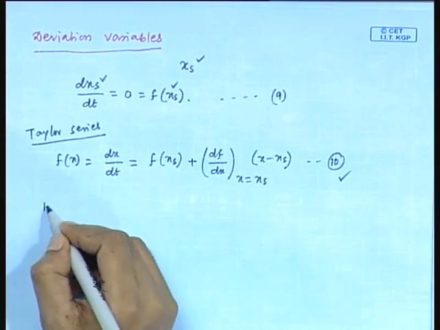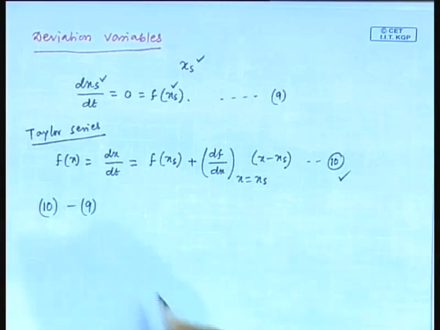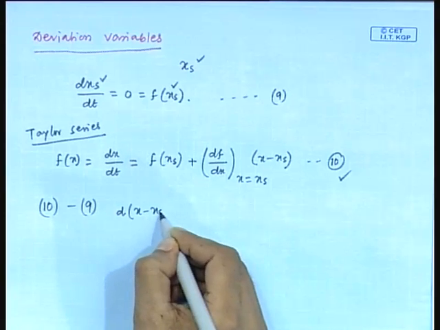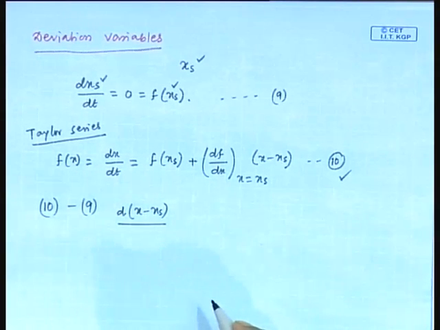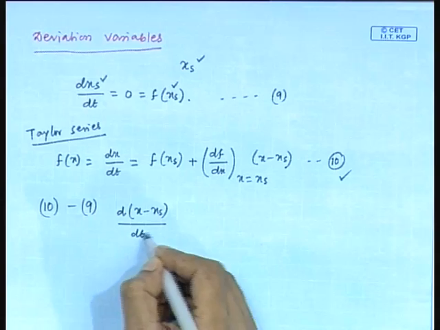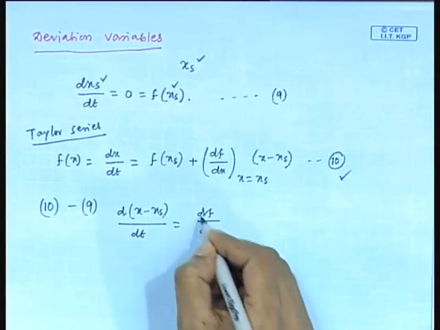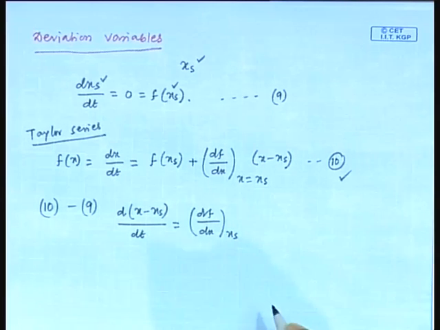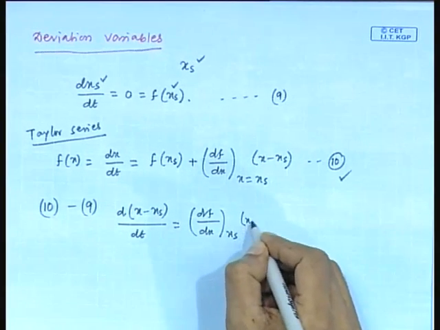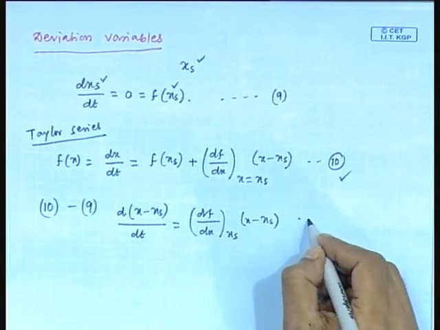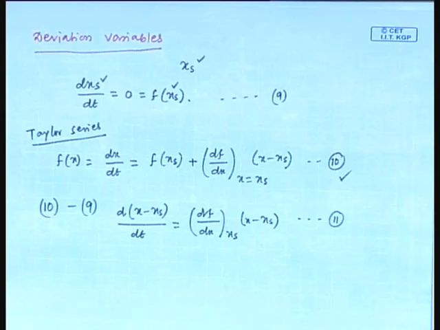Now, we will subtract equation 9 from equation 10. Then we can write d(x minus xs) dt equal to df dx at x equals xs multiplied by (x minus xs). This is equation number 11.